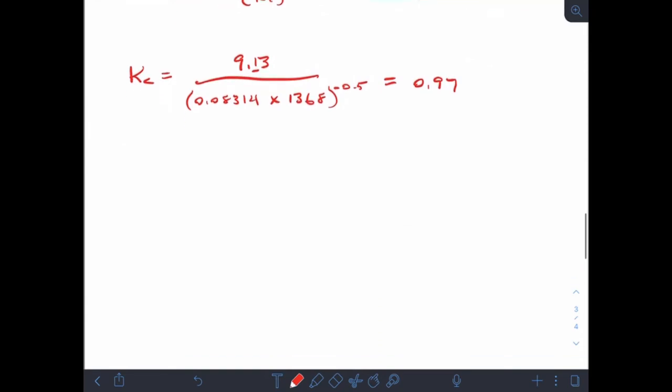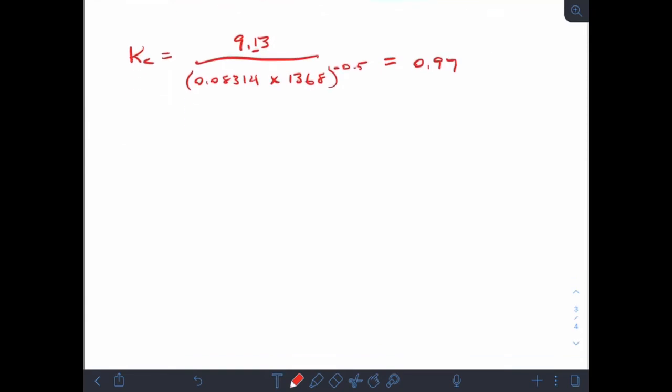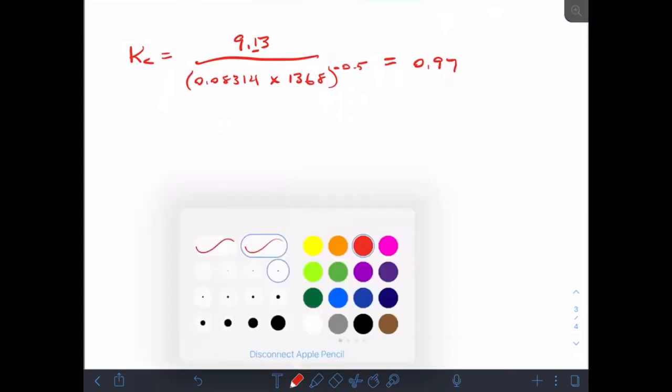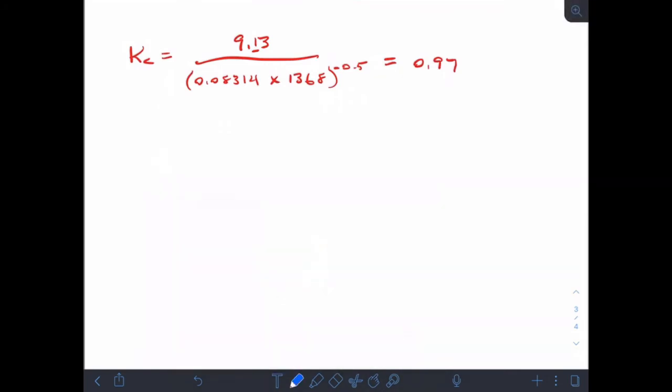Now, you may be wondering about the value of R, because the gas constant R is notorious for having different values all the time. So the way that you know which value of R to use, by default, we're going to use this value because it's related to bars.